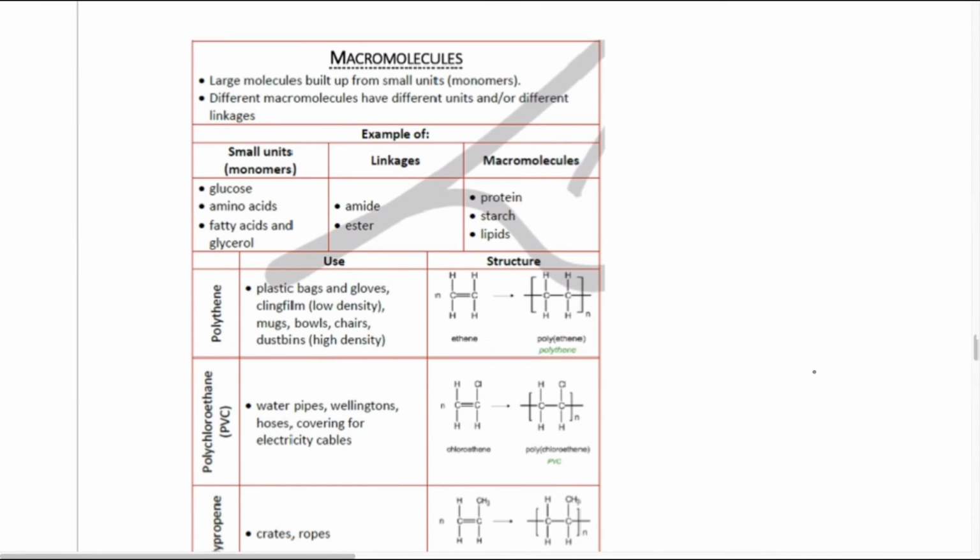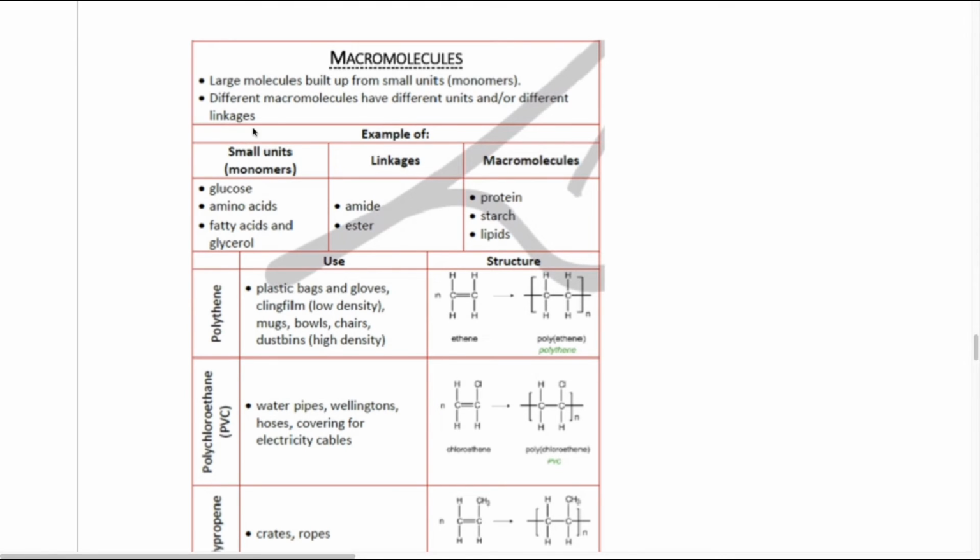Okay, now come to this part, macromolecules. Macromolecules are large molecules, built up from small units which are monomers. The monomers join up, then become a large molecule. Different macromolecules have different units and or different linkages.